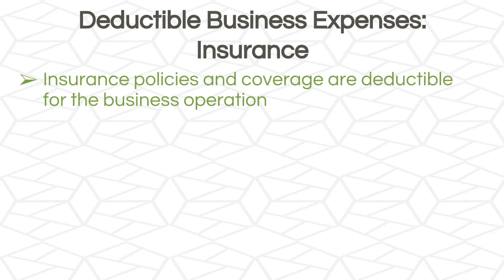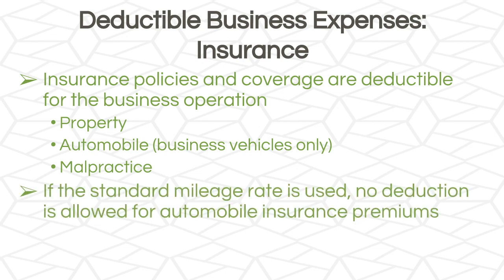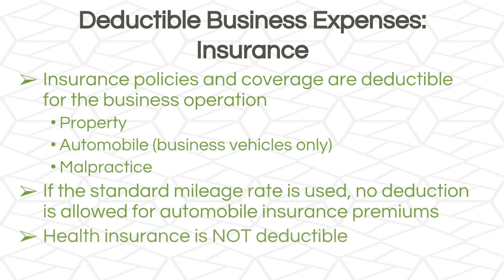It can include property insurance, automobile insurance, malpractice insurance. And then, like I just mentioned, they cannot deduct both their actual automobile insurance expenses and the standard mileage rate. And then health insurance is not deductible.